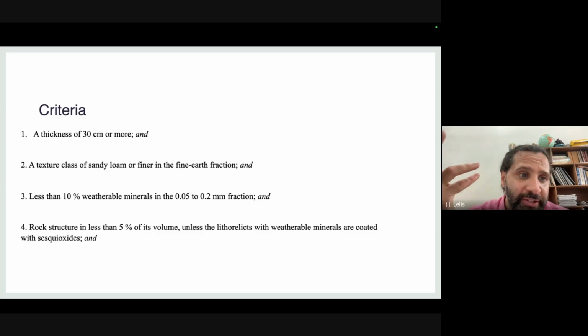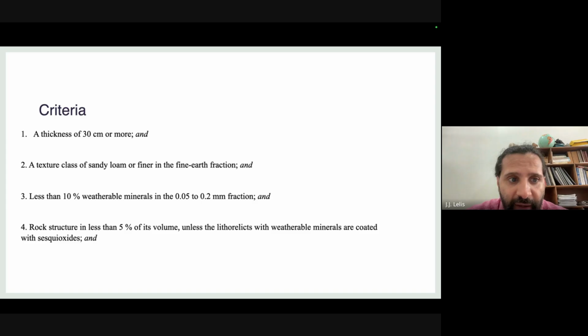so let's see the criteria to identify an oxic horizon. The first one is the thickness. The thickness is at least 30 centimeters. Okay, it's basically double when we compare with the majority of horizons.